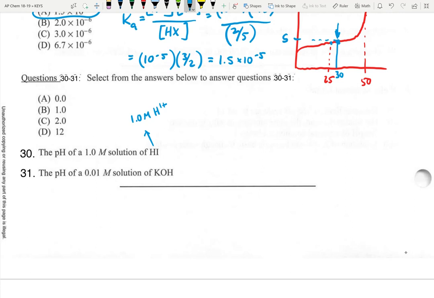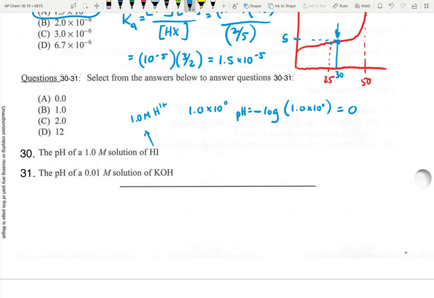Now, to get the pH, we need the negative log of this value. How do we write 1 as a power of 10? 1 is 1 times 10 to the 0, right? So if I do the inverse log of 1 times 10 to the 0, that's going to be 0. pH is going to be 0 here.